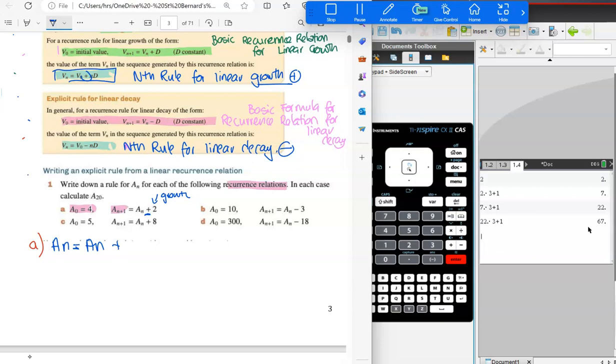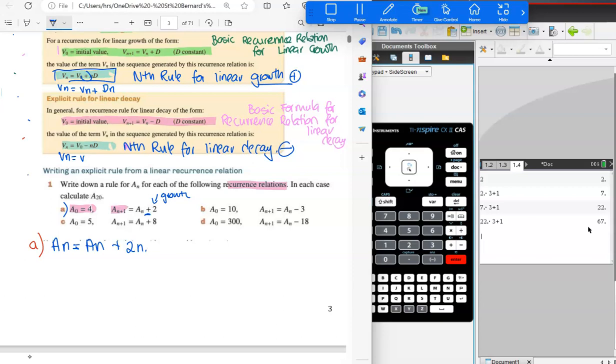So in this scenario, in A, what's getting added on every time? 2. So I'm going to write 2 times N. Just up here, see how they write it N times D? Maybe you can write it as D times N. The reason I do that is because normally we put the number first. So maybe just underneath them, write that.